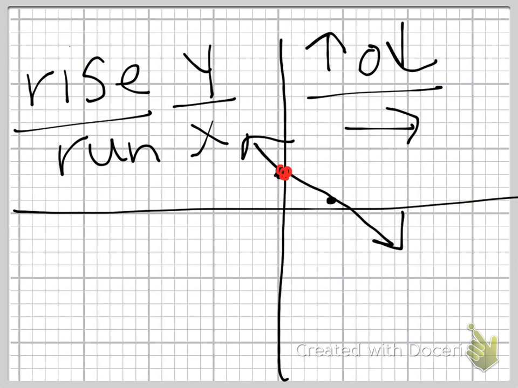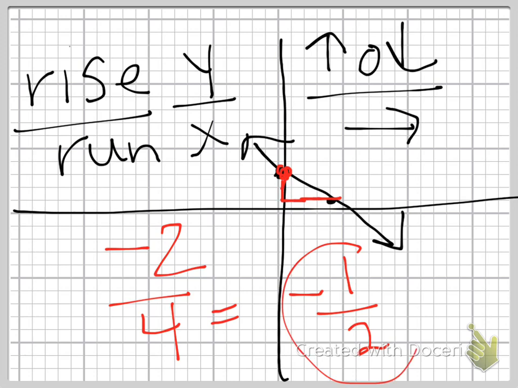So down 2 over 1, 2, 3, 4. So -2 over 4, which is -1/2, is my slope.